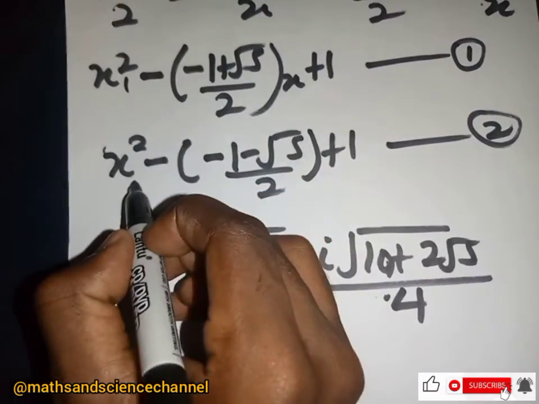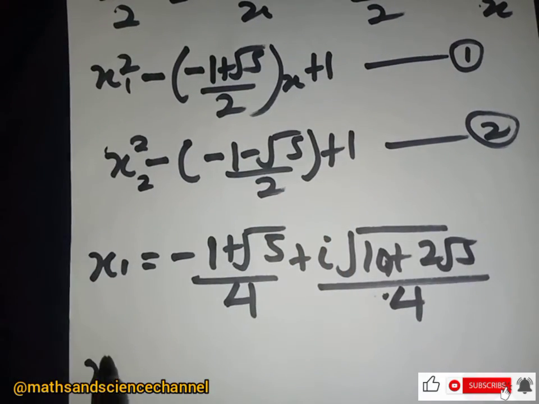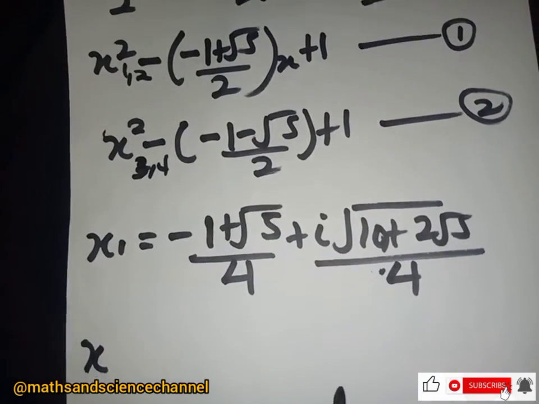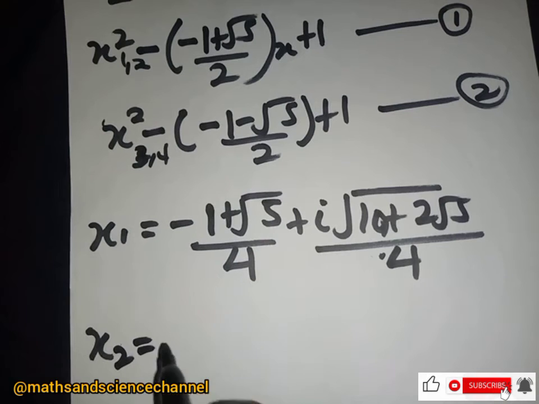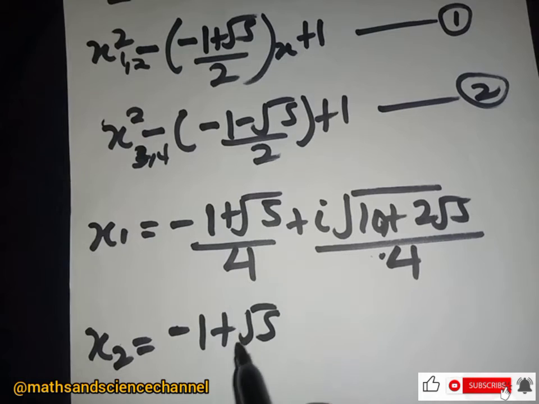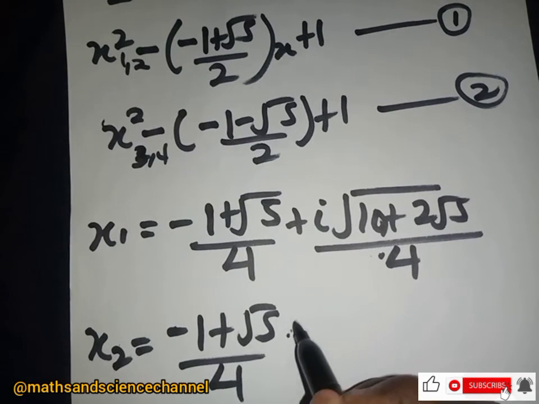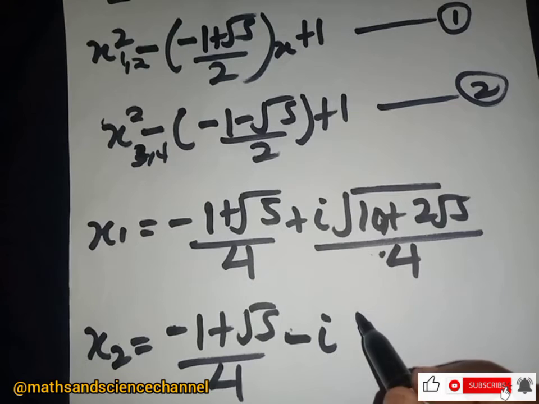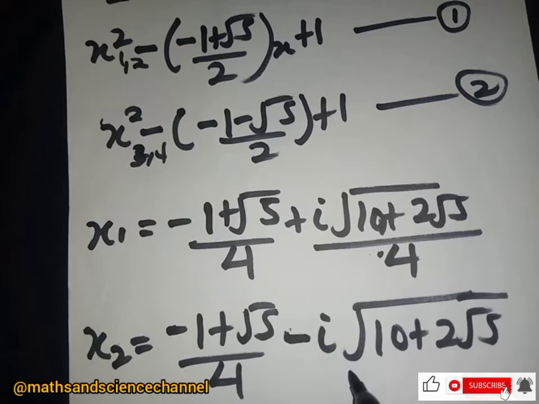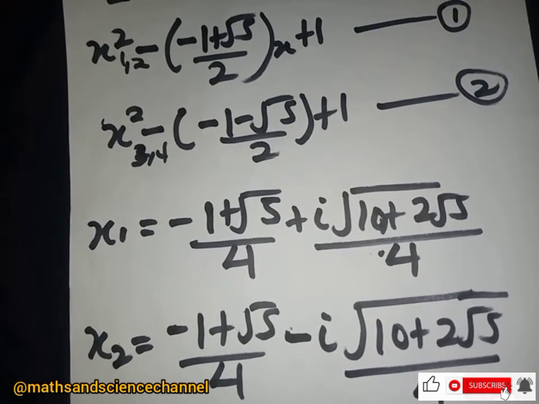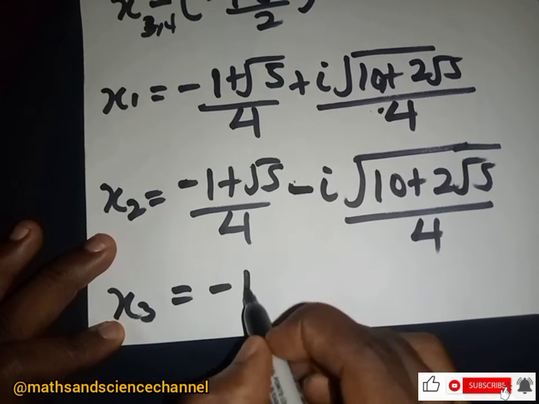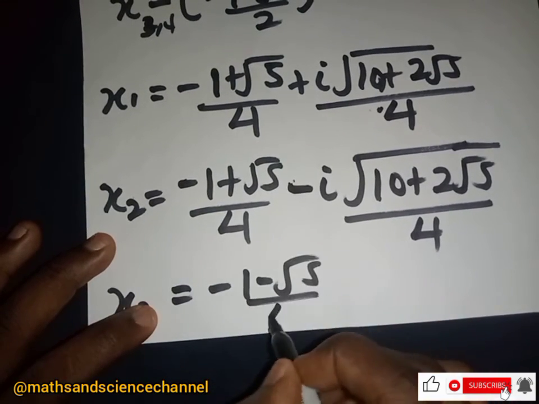So let's call this x1 and then x2. The first part, this is x1 and x2. This is 3 and 4. We are going to get 4 possible values of x. So we have the second part being negative 1 plus square root of 5 here divided by 4. Then this time it's just going to be minus i square root of 10 plus 2 root 5 here, divided by 4. And then x3 here will just also be equal to negative 1 minus root 5 divided by 4.